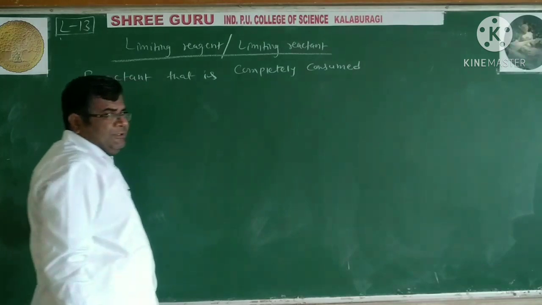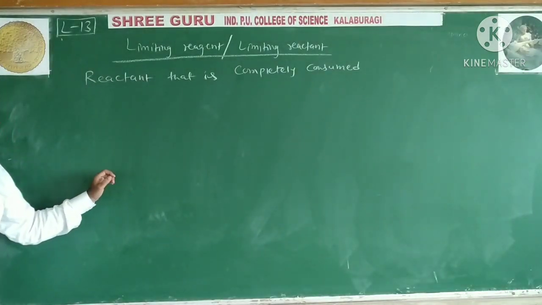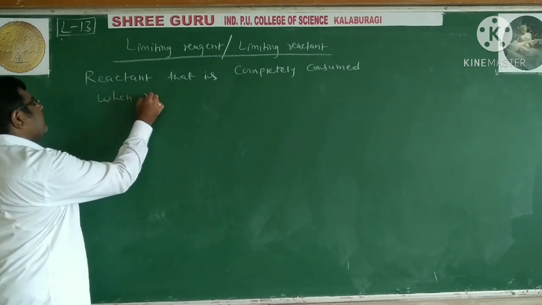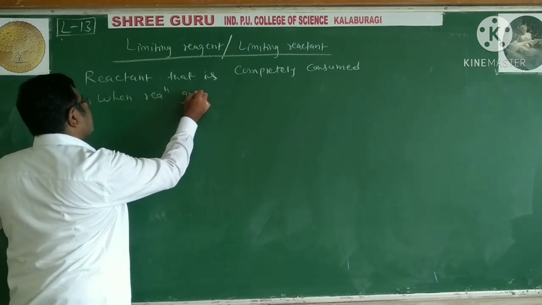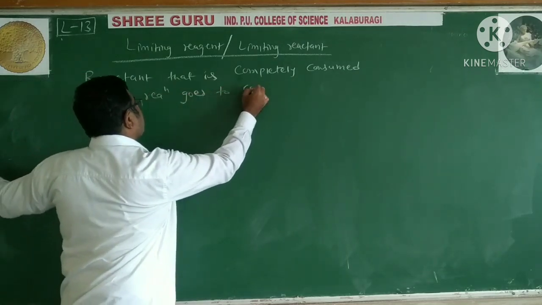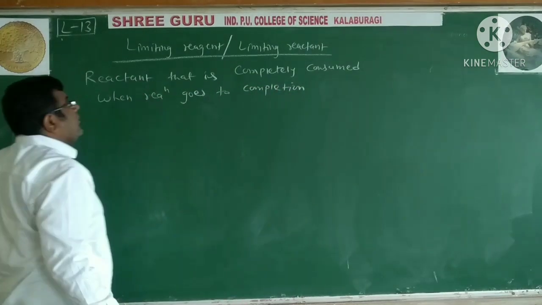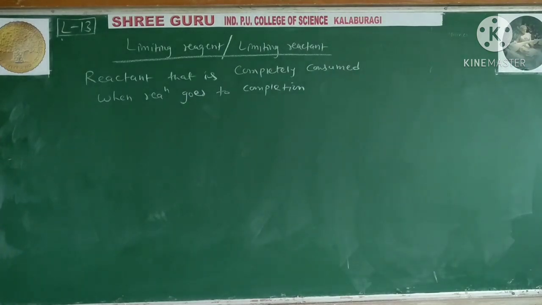Consumed means used, disappeared. When the reaction goes to completion, the reactant that is completely consumed is called the limiting reagent.